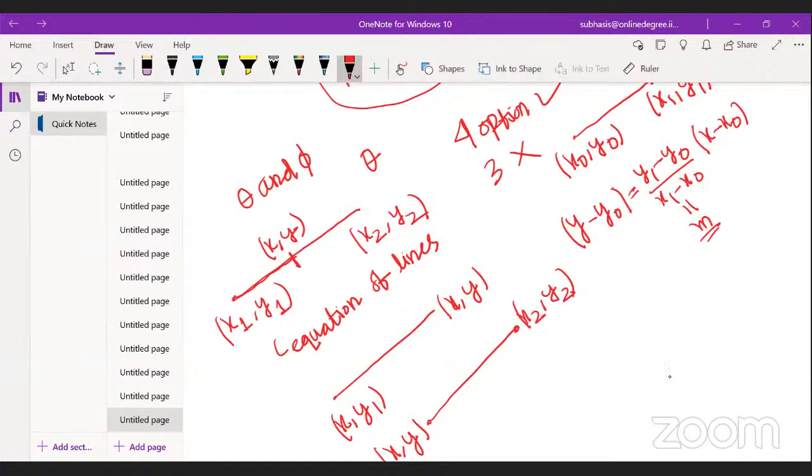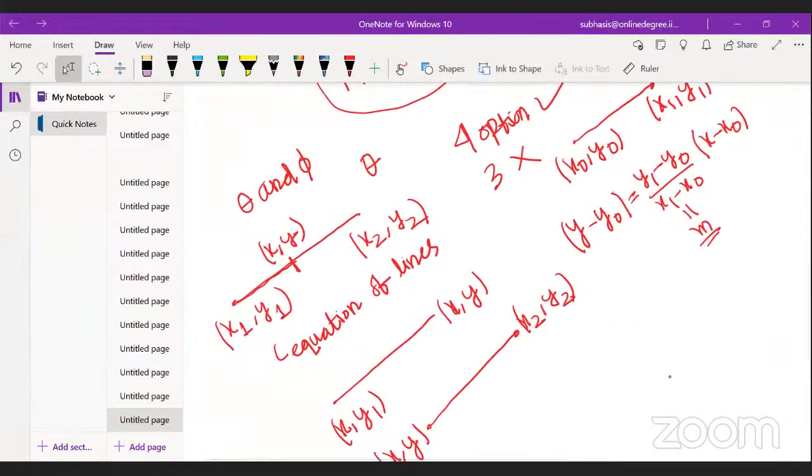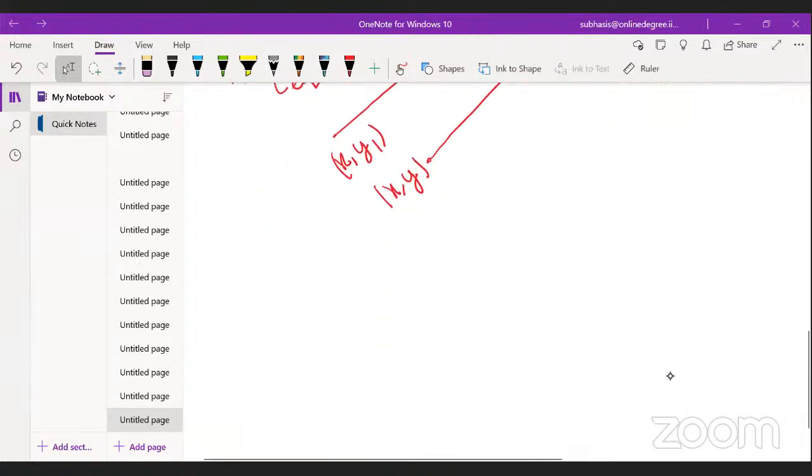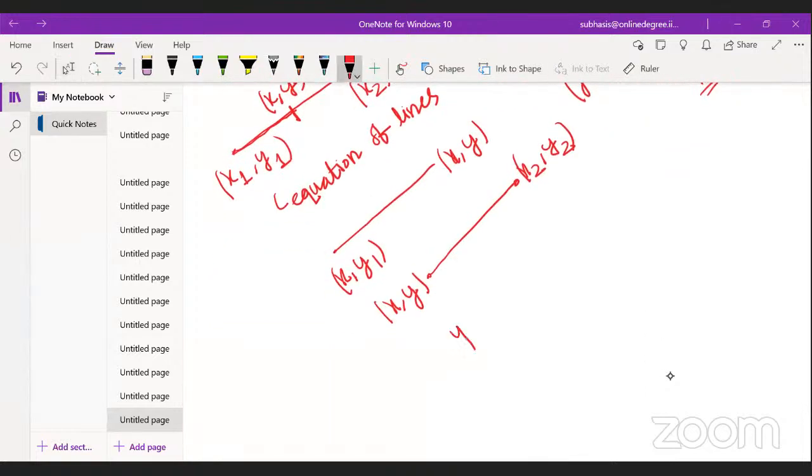Yes, sir. So we'll modify this question so that it won't create any confusion, because I don't know who prepared this question. I think he wants this in this form, because sir mentioned in his lecture and wrote that equation in this form, the two-point form of the equation of a line.